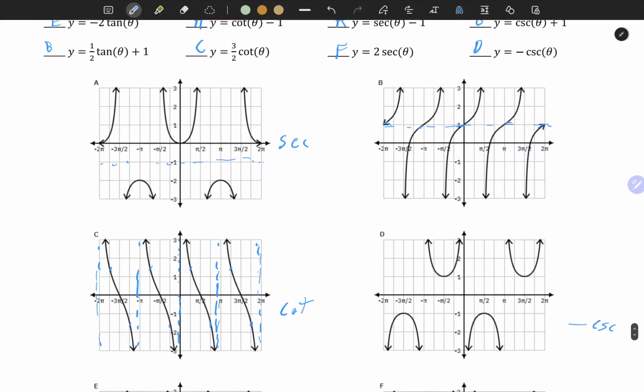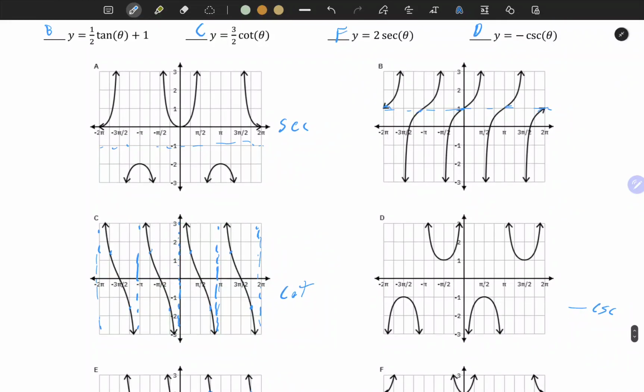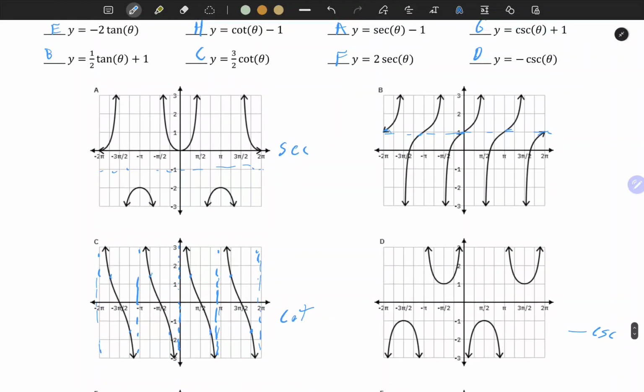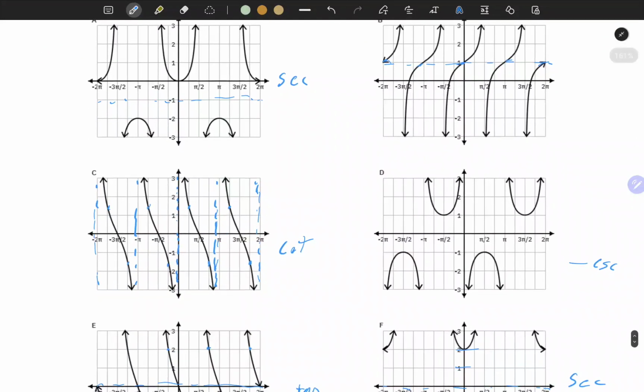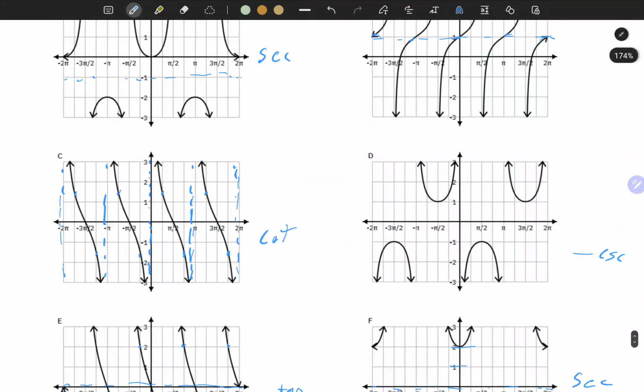There we go. I hope this explained a lot about how you see functions. Secant has to have asymptotes at pi/2 and negative pi/2. You've got the cosecants, which have asymptotes at 0 and every pi.